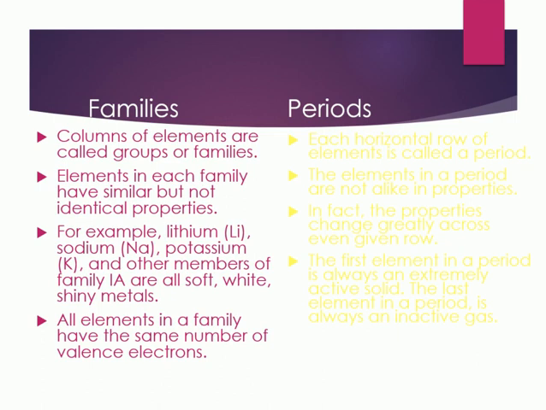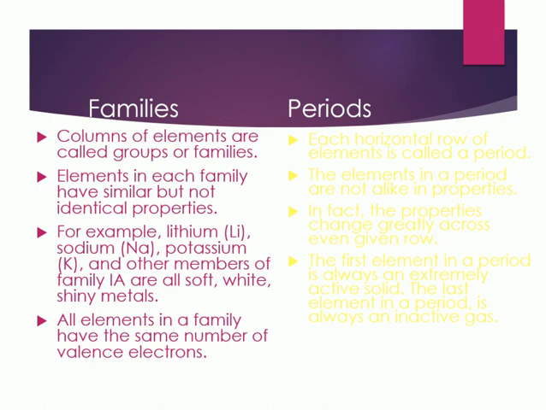For a period, each horizontal row of elements is called a period. The elements in a period are not alike in properties. The situation in which you would find elements sharing properties would be a group or a family. That is not the case in a period. The properties change greatly, in fact, across any particular period, across a horizontal row.